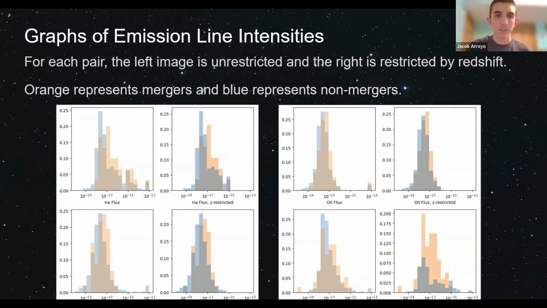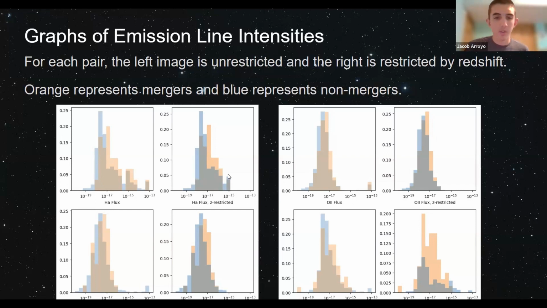For each pair of images, on the left and the right, you'll see the labels underneath them. The left image is not restricted by redshift. The right image is restricted by redshift. The idea behind restricting by redshift is just to get rid of some of the noise and anything that seemed not reliable within the data sets, because there were some outliers that logically didn't make a lot of sense.